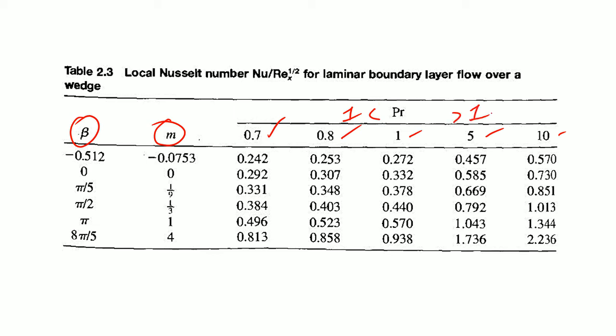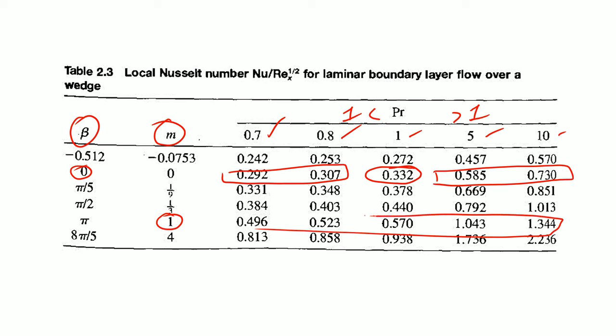As you can see, beta equal to 0 corresponds to the flat plate situation. Prandtl number equal to 1 gives 0.332, as we knew earlier from our similarity transformation. This is for different sets of Prandtl number, and these are the different values that you get. Similarly, m equal to 1 corresponds to the Hiemenz flow condition, or the stagnation flow, and those values are also given here.